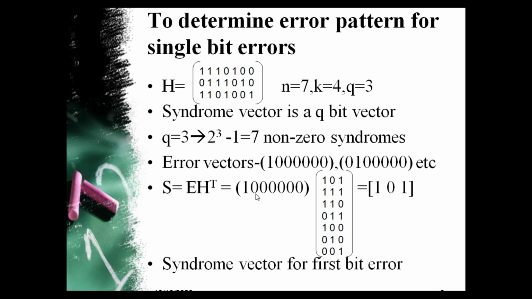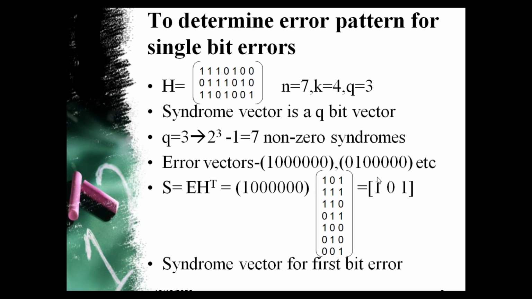You can do this. Take the first error vector, that is, the error has occurred in the first bit. Then 1 0 0 0 0 0 0 is the error vector. It is multiplied with the H transpose matrix. Then the result we get is 1 0 1. That is, here 1 into 1 plus all the remaining bits are zeros, therefore 0 into 0, different value, it will be 0.